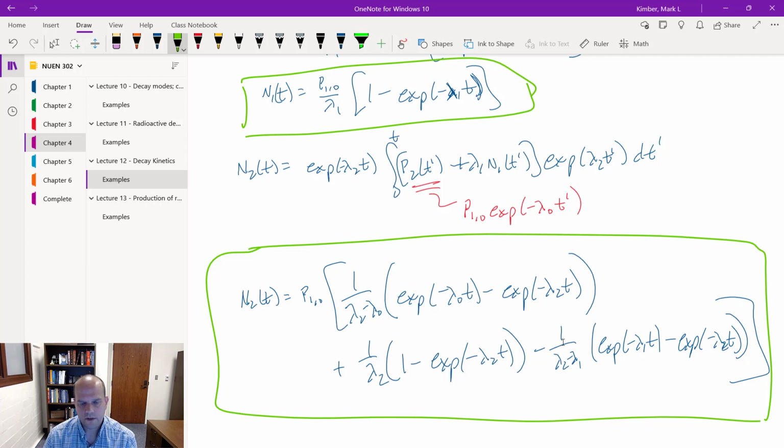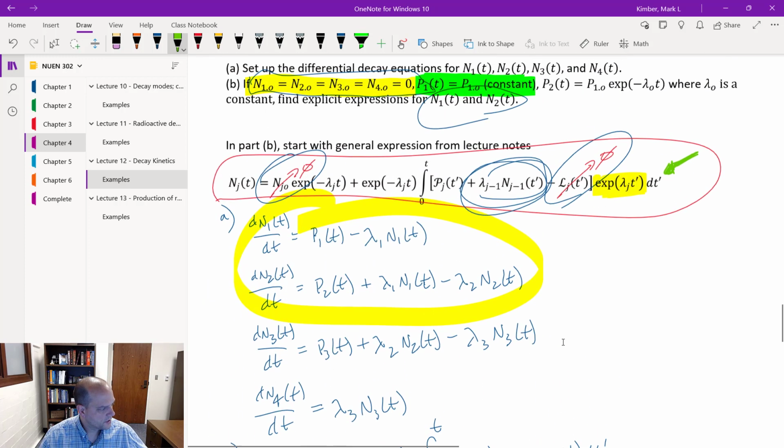And so we can do this for any and all isotopes where we have the expressions for production. And this could be a step function, it could be a sine function, it could be a ramp function, it could be a quadratic. As long as you have a functional representation of that production term, you can perform this integration.